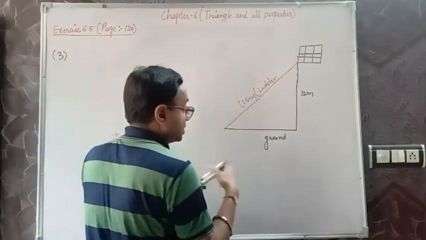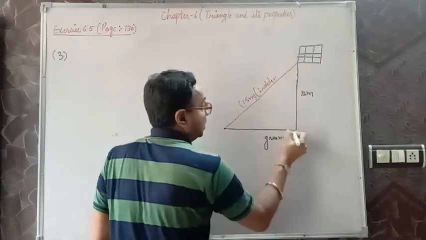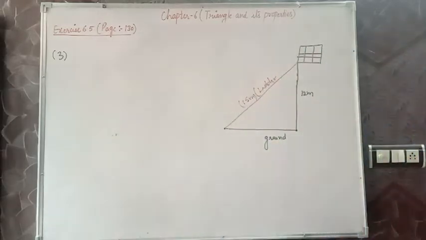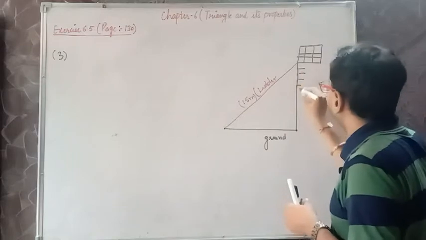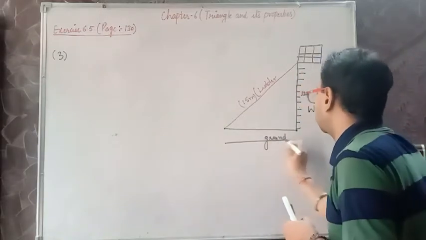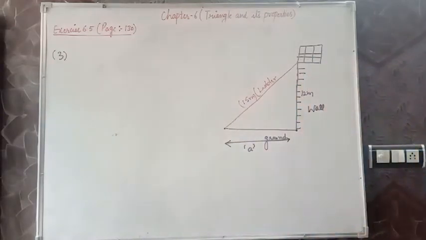Now the question is, what is the distance between the foot of the ladder and the wall? If this is the wall, obviously this will be the wall. So we have to find this distance, and let's assume this as A. Are we clear? So how will we do it?